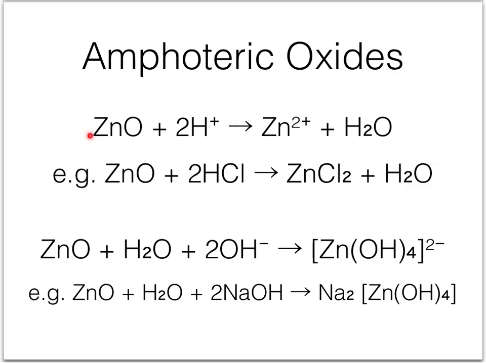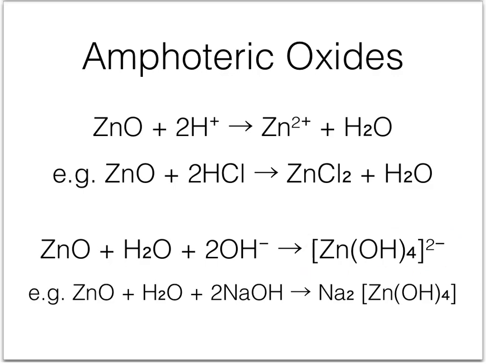So that's zinc oxide reacting with an acid. The next one, we have zinc oxide reacting with a base. In this case, it's reacting with sodium hydroxide and water, and it's producing sodium zincate. Now, this particular ion here is called the zincate ion.